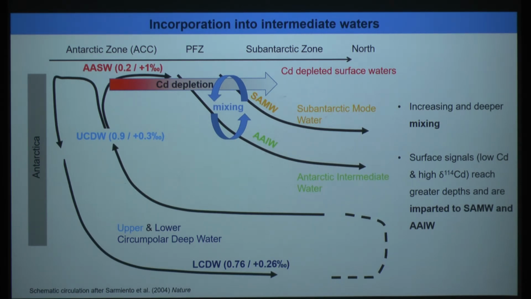And you keep depleting cadmium, so you go from 0.2 to pretty much zero, just because you don't have any resupply from below the further north you go, so everything that's there will continuously get stripped out, and because you mix it with the bottom, it sort of disappears as well. And this mixing brings some of these depleted surface waters down to these intermediate depths. And I'm going to show you for Antarctic intermediate water how these are formed during this process.